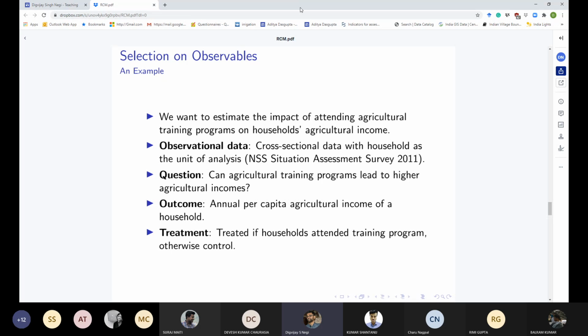And the objective of these training programs is to basically introduce farmers to new ways and methods of cultivating. And the ultimate objective of all these exercises is to increase farm productivity, right?